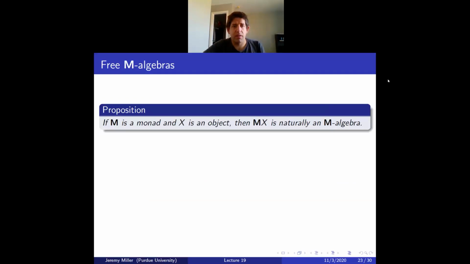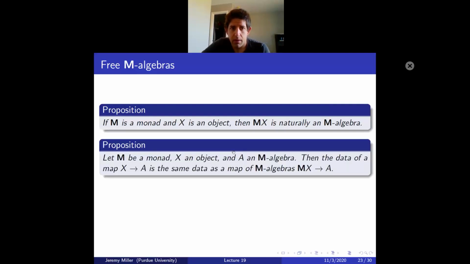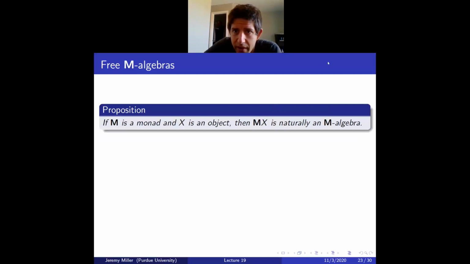This is the comment that I made before. If M is a monad and X is an object, then first of all, MX is naturally an M algebra. Why is that?